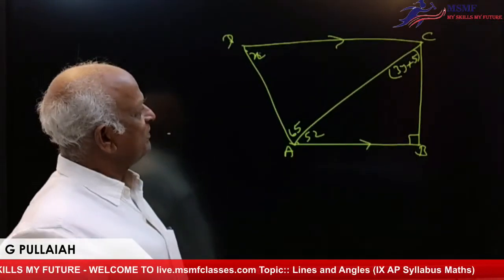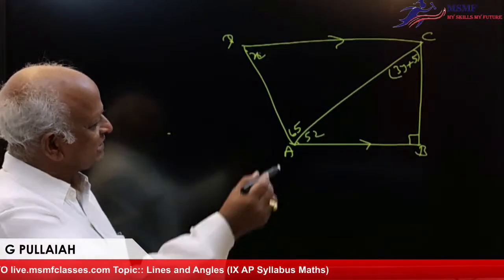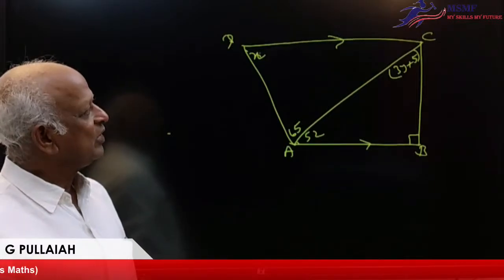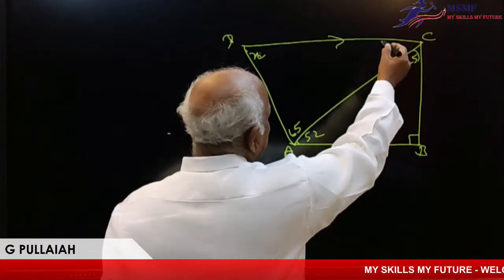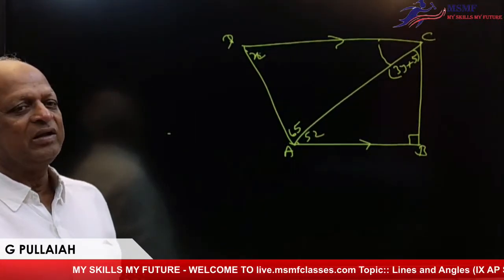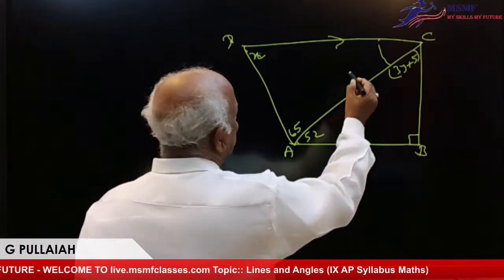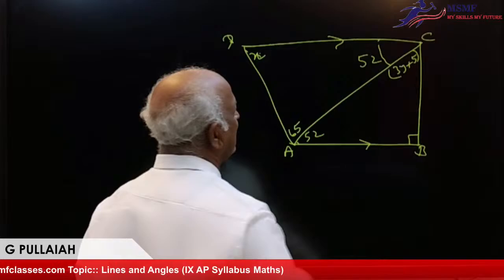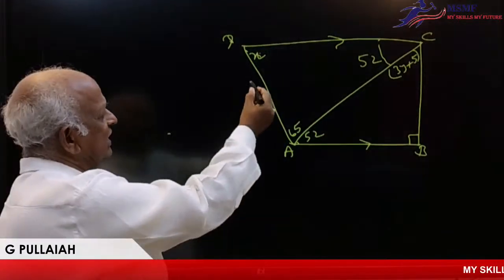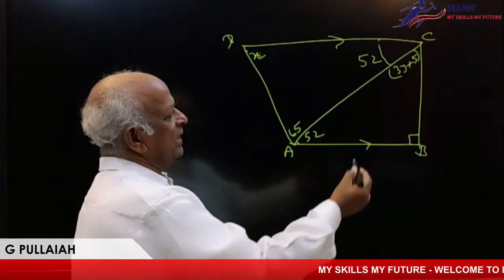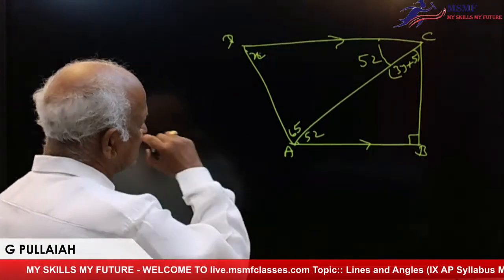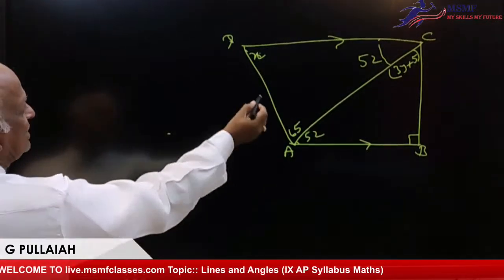If AB is parallel to CD, and we consider AC as the transversal, then angle ACD and angle CAB are alternate angles, and alternate angles are equal. So angle ACD is 52 degrees. Now in this triangle, the sum of the angles is 180 degrees.